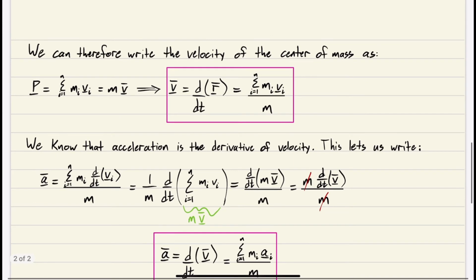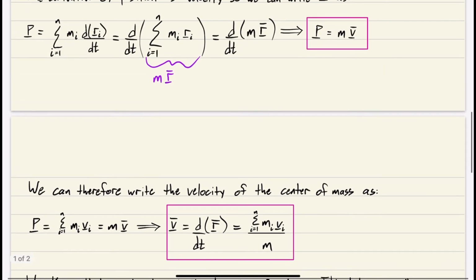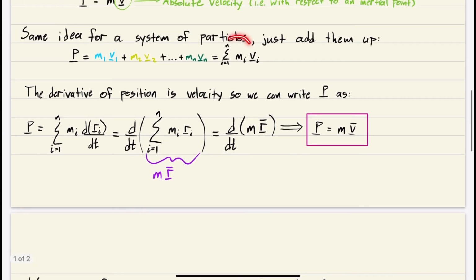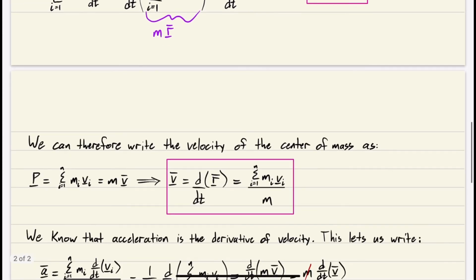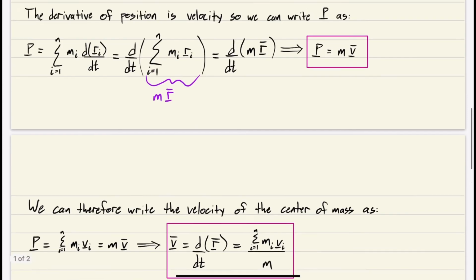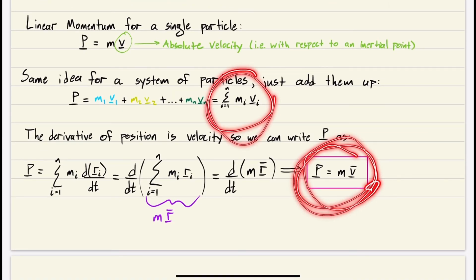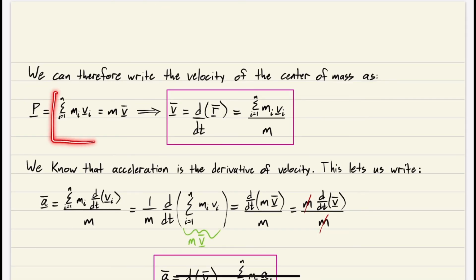So therefore, we can write the velocity of the center of mass as, we're just taking this definition right here, p is equal to M V-bar, which we just found, and p we also said was equal to this right here. So we're just going to set those equal to each other, right? All we did was set this definition of p equal to this definition of p. Divide both sides by M here, and we'd be left with this right here.